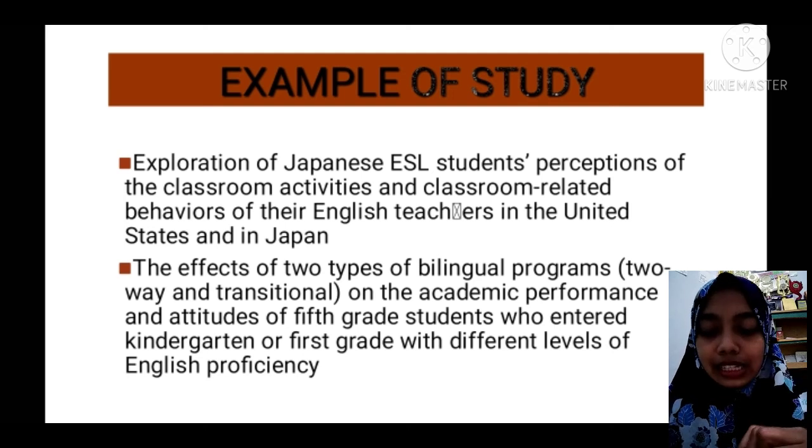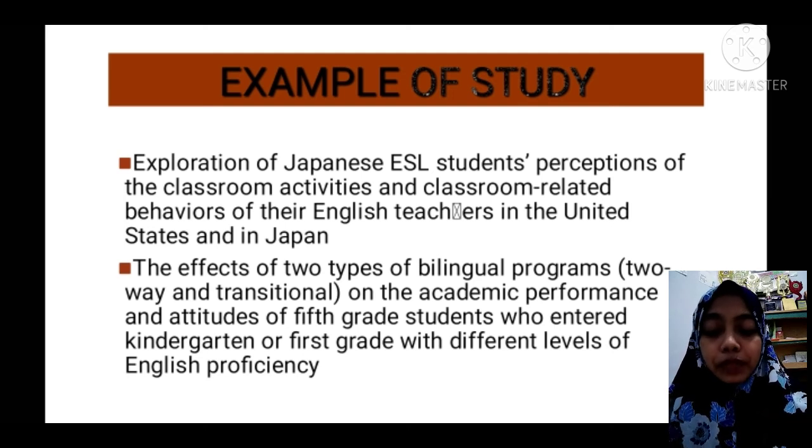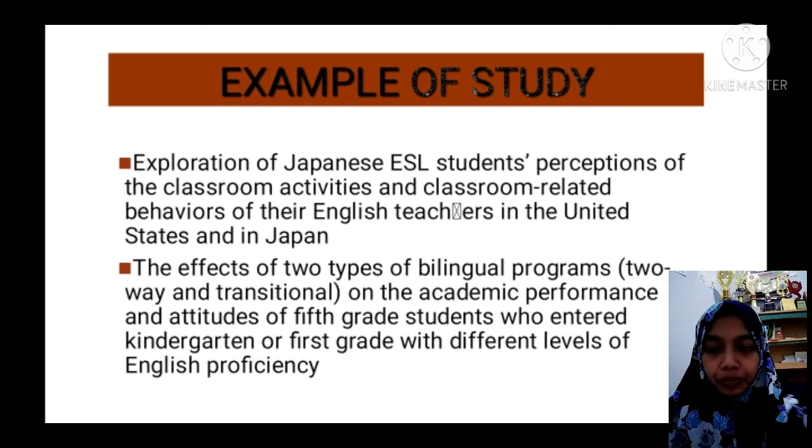The second is the effect of two types of bilingual programs, two-way and transitional, on the academic performance and attitudes of fifth grade students who entered kindergarten or first grade with different levels of English proficiency.